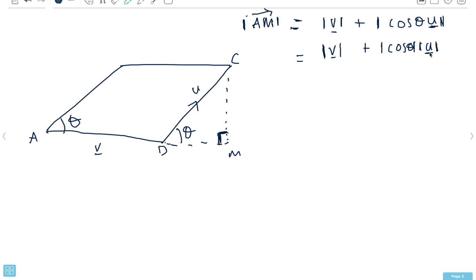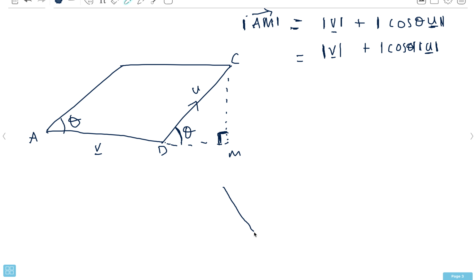And the problem is that this is true when theta is in between 0 and pi over 2. But remember, we've defined theta to be between 0 and pi. So we want to make this statement hold for all of theta.